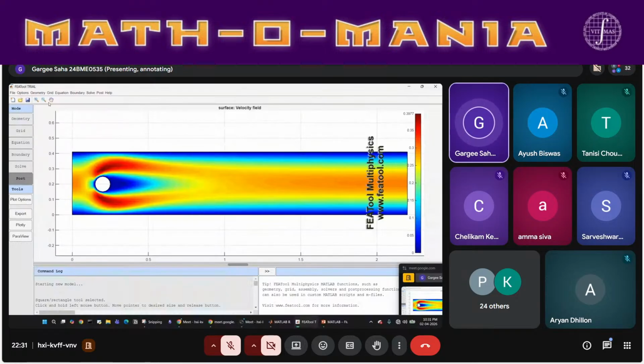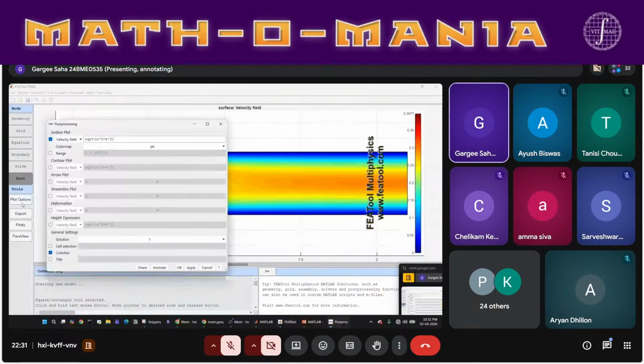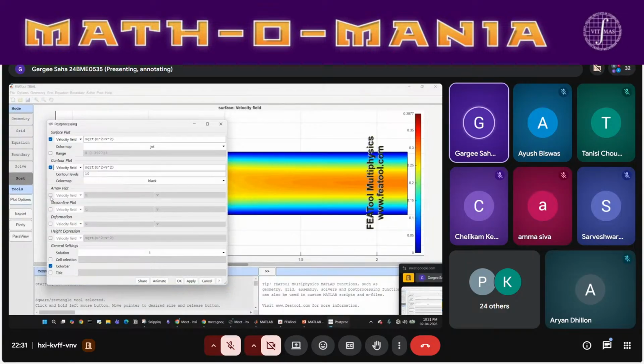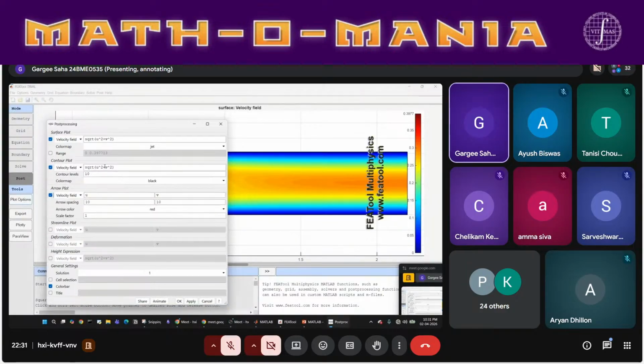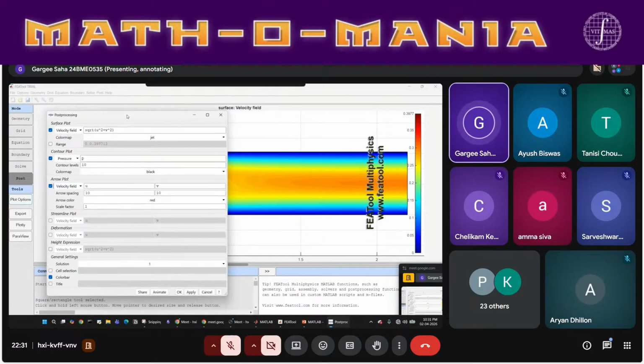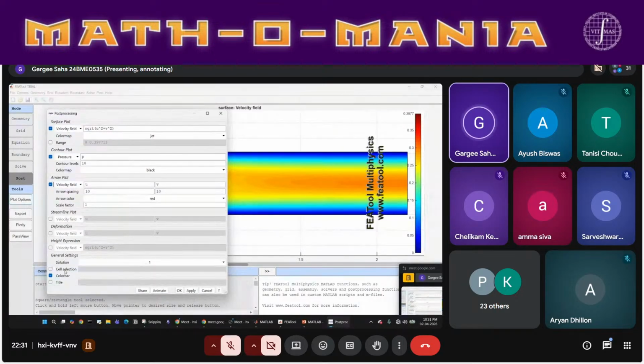Let us now see the contour and pressure lines and the velocity lines. So we will see the contour plot and the arrow plot. Where the velocity field is given, we want pressure, and we only want the arrow plot for the velocity field.